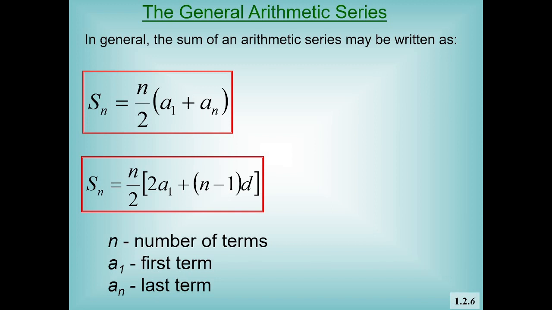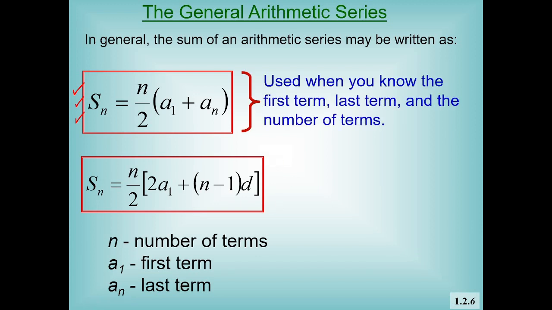You will be using the first formula, this one over here. I will be using this if I am given the first term, the last term or the nth term, and also the number of terms.